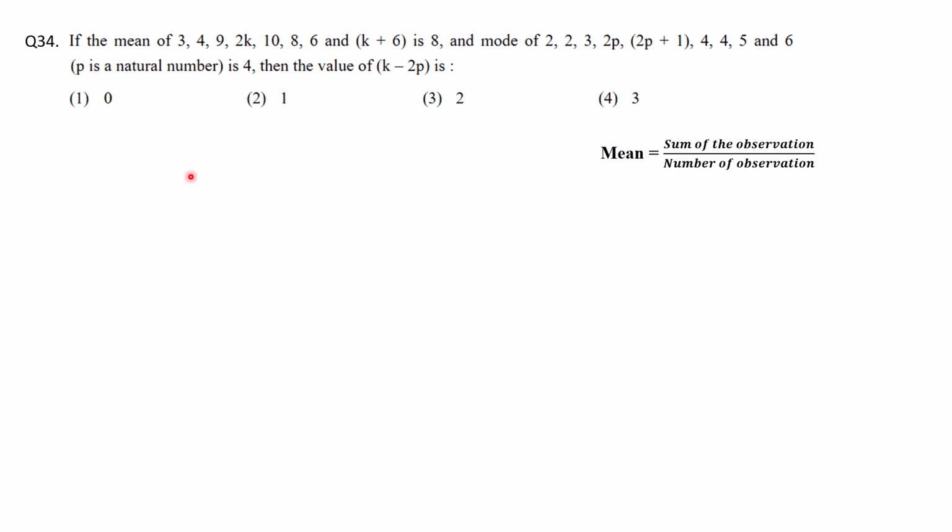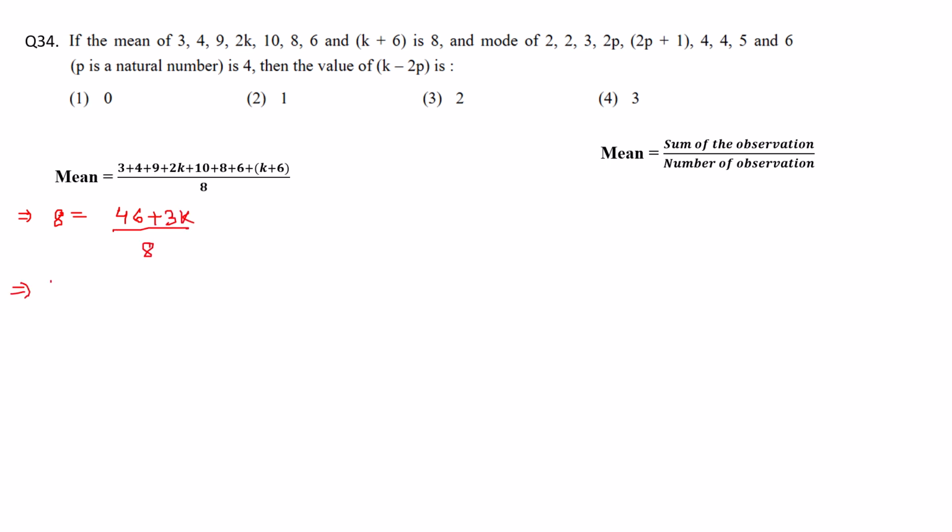So let's find first the mean and then we will come to the mode part. Mean is already given that it is 8. So mean will be the sum of all the observations divided by the number of observations, which is 8. Now if you add this, you will get 8 equal to 46 plus 3k divided by 8.